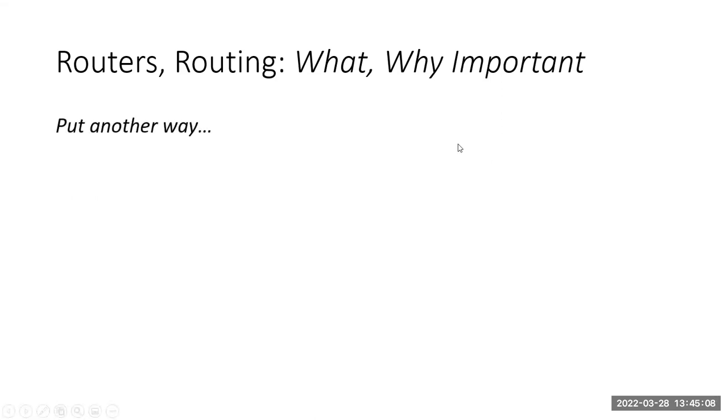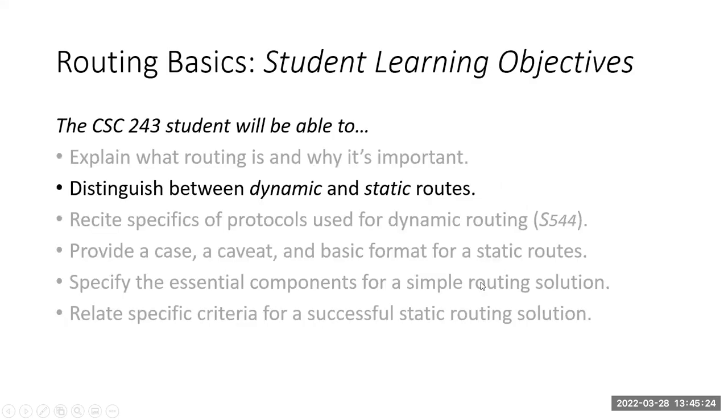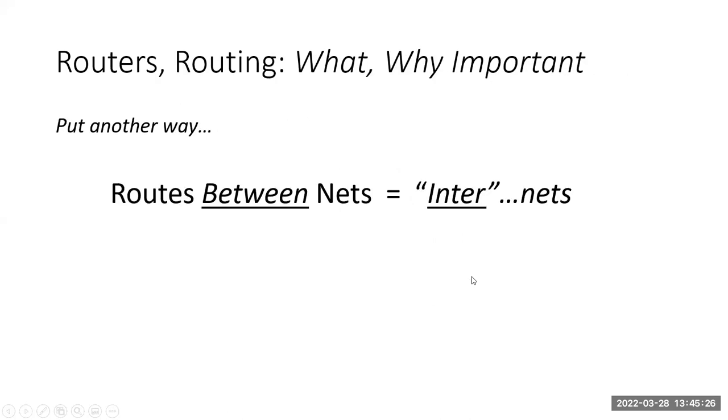So put another way, routes between nets are called internets. Now, this is huge. It's called the internet, not the intranet. Okay. Routes between networks create this concept called internets, in between networks.